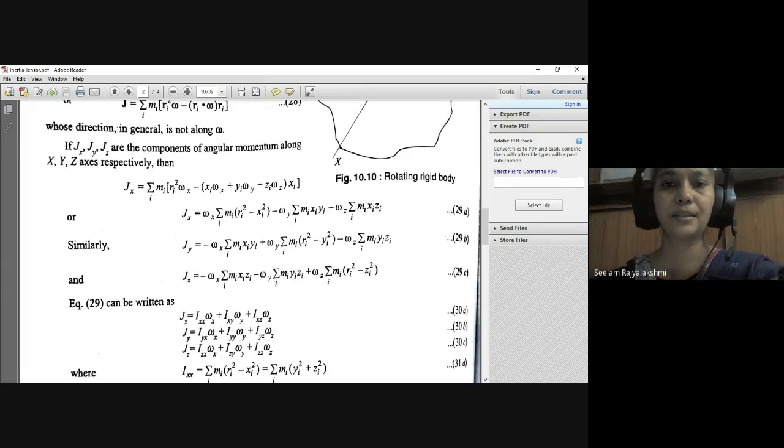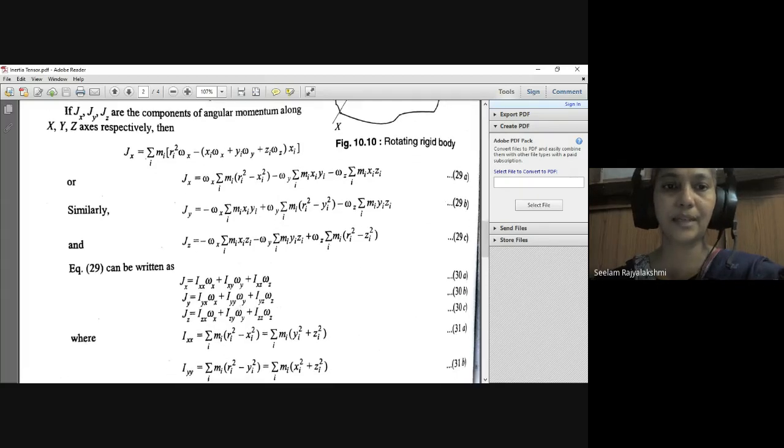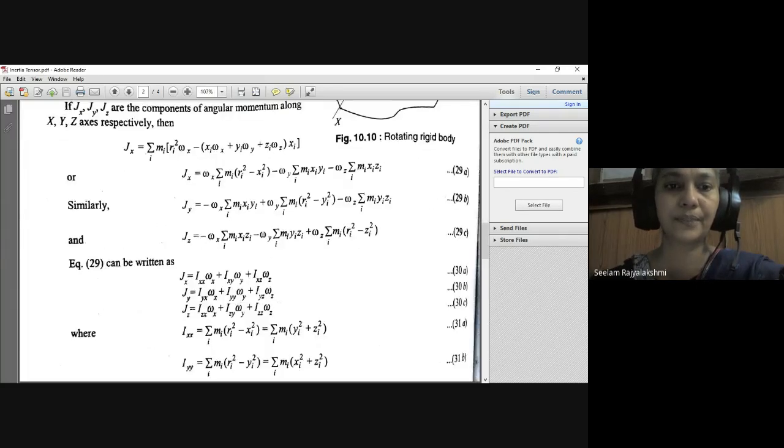And these are equations 29a, 29b, 29c, and these equations can be written as Jx is equal to Ixx omega x plus Ixy omega y plus Ixz omega z. That means Ixx is nothing but sigma i mi (r square minus xi square).